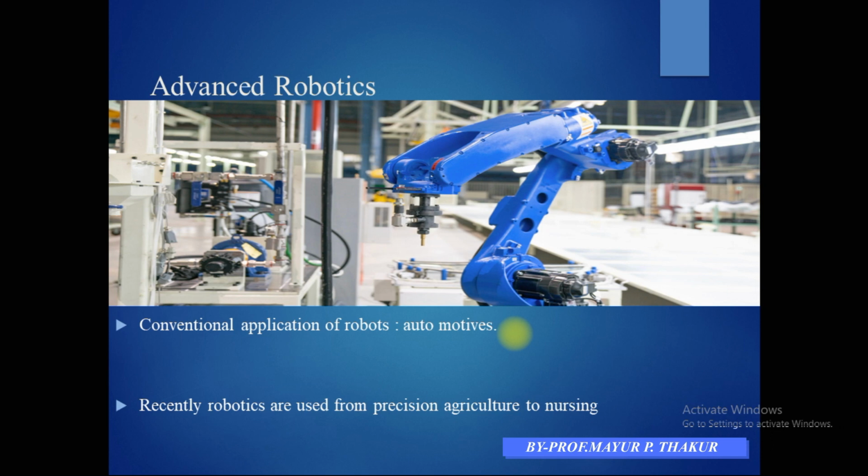Then advanced robotics. It has a conventional application in the automotive industry. Robots are also used in the medical domain for robotic surgery, and also in the agricultural sector.